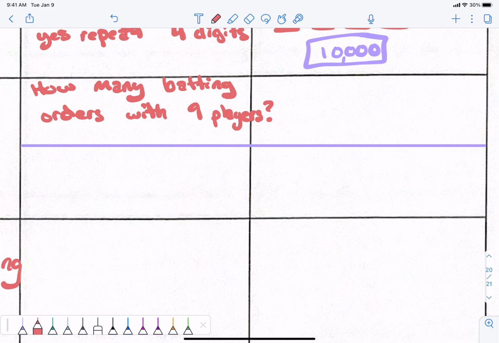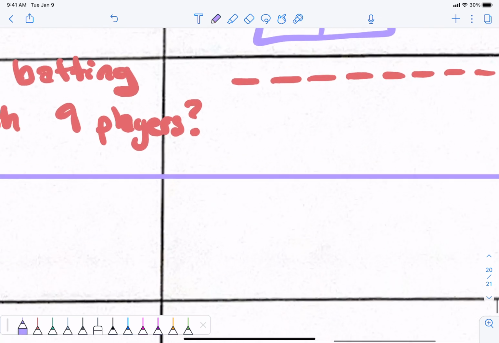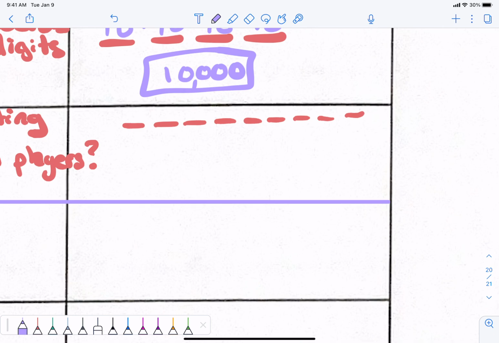You can do this 2 different ways. You can do it with the blanks, 1 through 9, where you ask how many people could be in that first spot, that would be 9. Once that person's chosen, how many people can be in the second spot, that would be 8, 7, 6, 5, 4, 3, 2, 1, which is equivalent to 9 factorial. You just type that into your calculator.